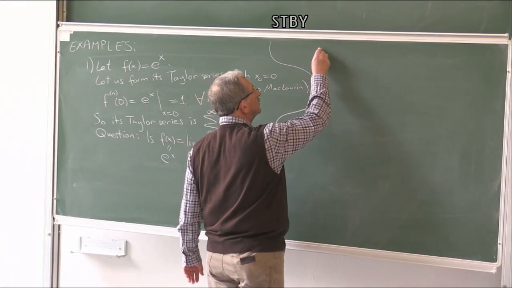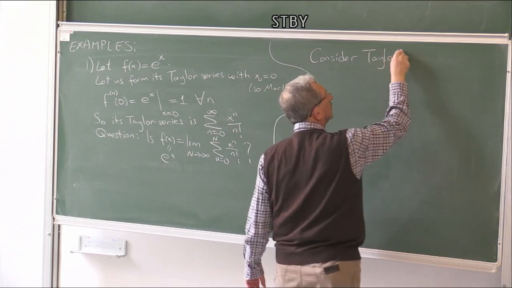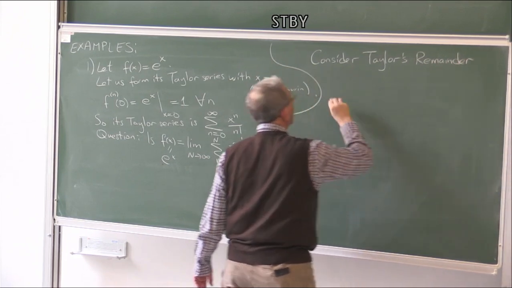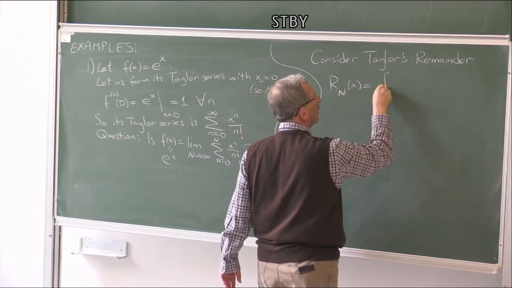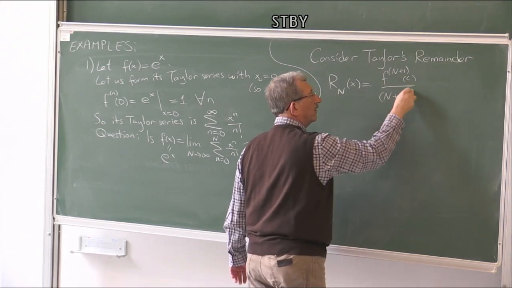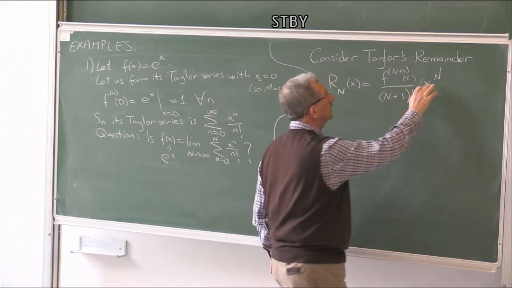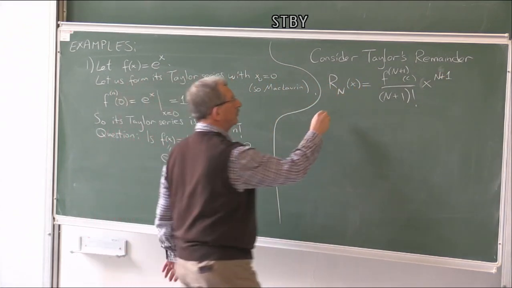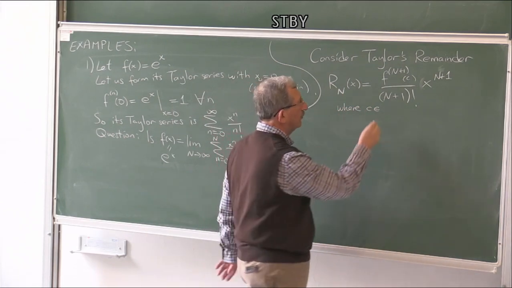Now, consider Taylor's remainder term. That is this one, with x minus x0 to the n plus first, where, of course, c is somewhere between x and 0.